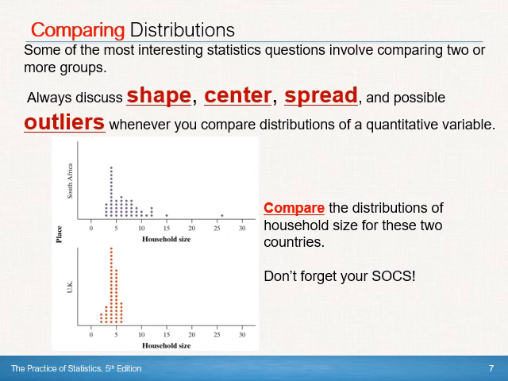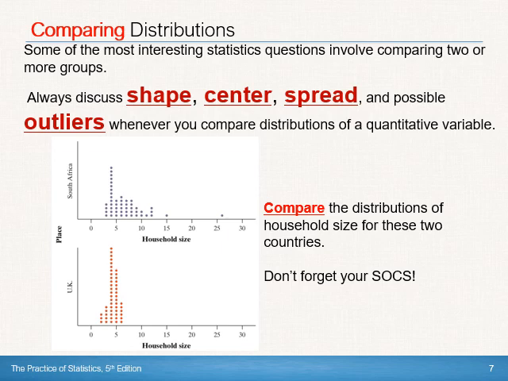Okay, we'll talk more details later, but clearly the households in South Africa have a bigger range of data, so the spread is larger. We'll go into more details in the future about how to make these exact comparisons.